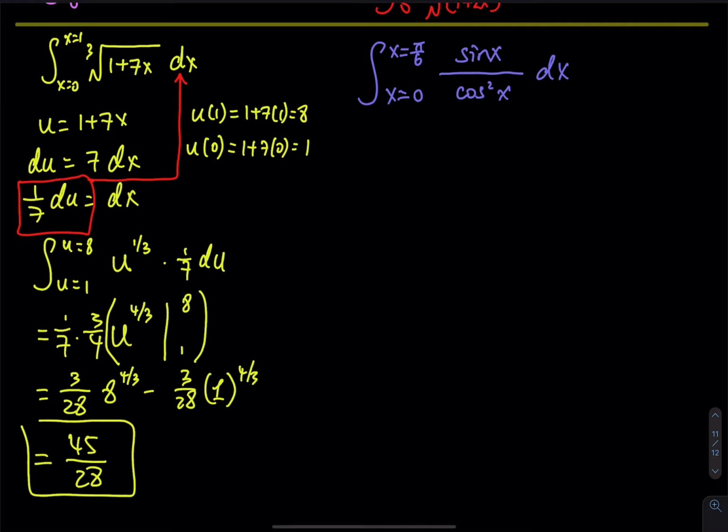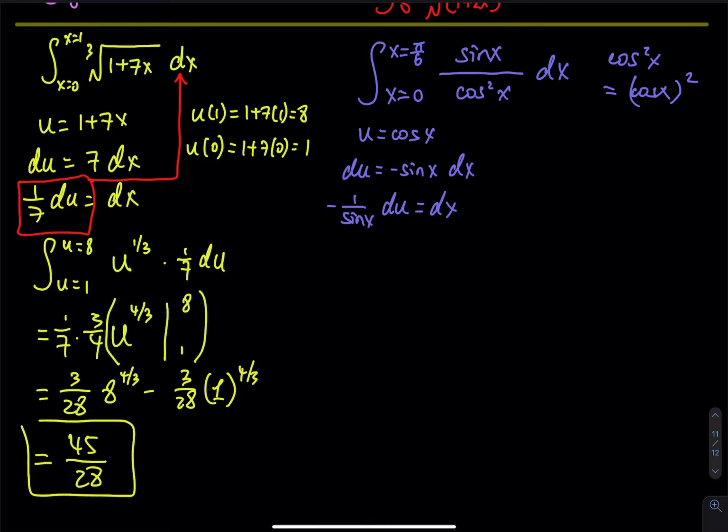Since cosine square x is equal to cosine x squared, we have a trig function inside a square. So we let u equal cosine x, and then du is equal to negative sine x dx. And then put the negative sign over to the other side: negative du over sine x is equal to dx, and then we can replace this piece right over here.